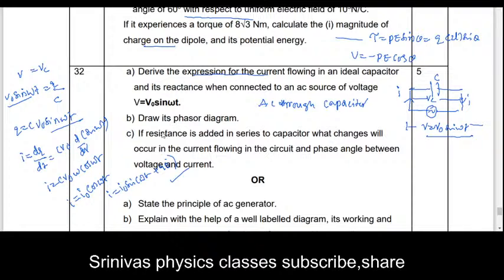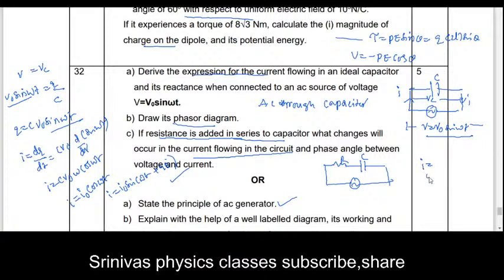Next, what they are asking: if you add a resistance in series, this is the resistance we are connecting in series with the capacitor. They are also asking for the phasor diagram. Okay, I think you know these things very well. Next is the current flowing through the circuit.